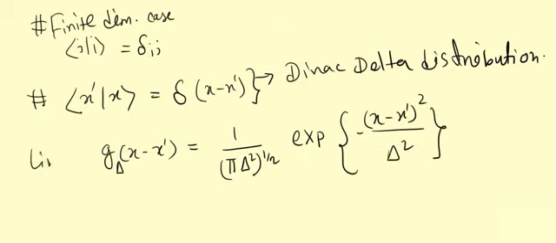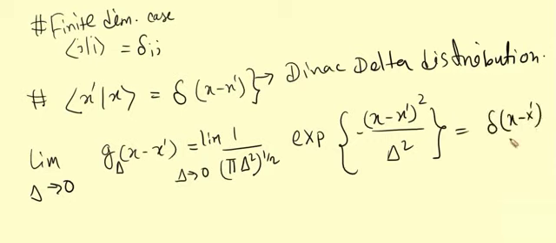And if you take the limit delta goes to 0 on both sides, this will end up in the delta of x minus x prime.